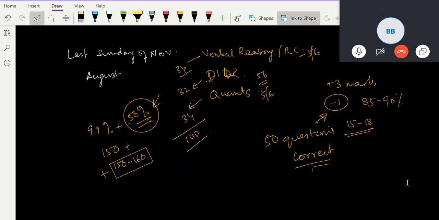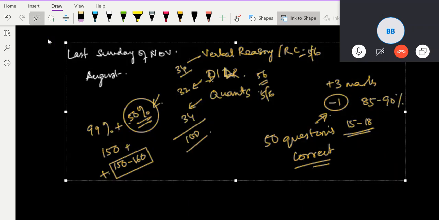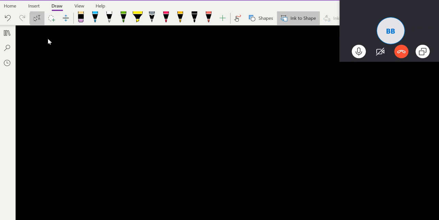Now, in the current pattern, the most difficult section is DILR because typically there are 8 puzzles and each puzzle has 4 questions. So there are 32 questions. And we'll talk about this section later.